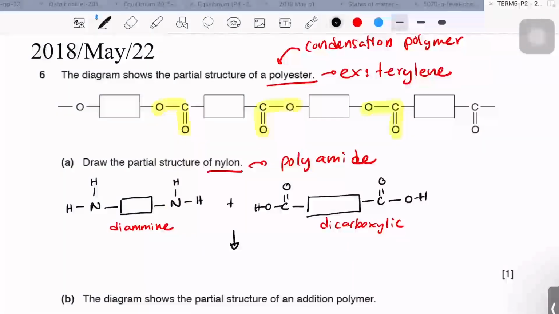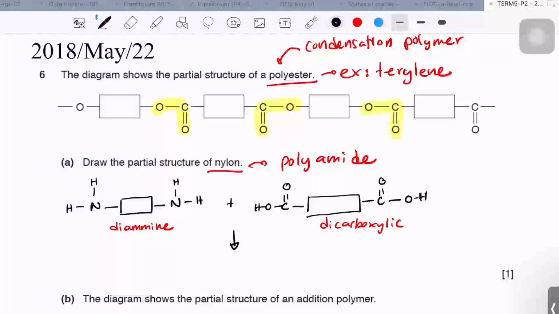Right, quickly draw this, and then we have to draw the nylon structure. You need space for nylon structure. So diamine and dicarboxylic combined form nylon, or called polyamides.